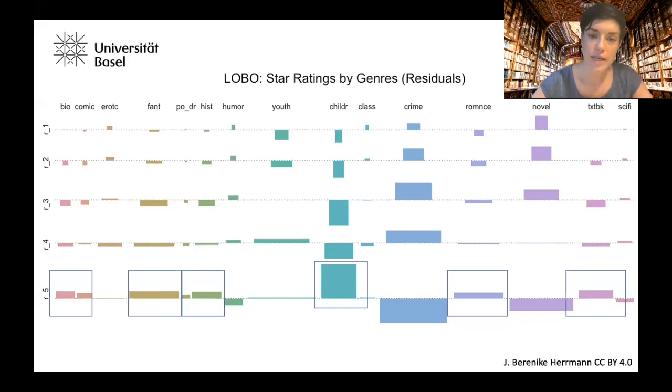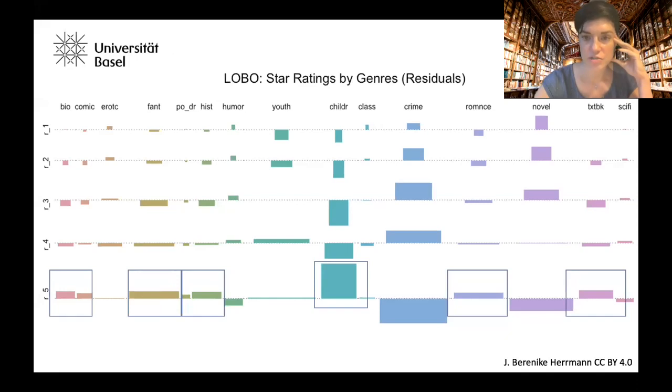Now we can look at the standardized residuals, or Pearson residuals. For now, let us focus on the 5-star rating at the bottom, which I have marked. Which of the genres deviate positively from the expected counts, right?